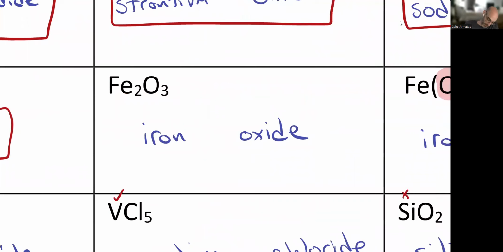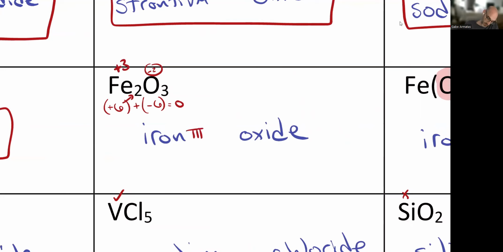How about this one? Well, I have a charge of -2 for the oxygen, but there are 3 of them, so the total charge is -6. That means I'm going to need +6 in order to make this whole thing neutral. And there are 2 irons, so 6 divided by 2 is going to give me a +3 charge.